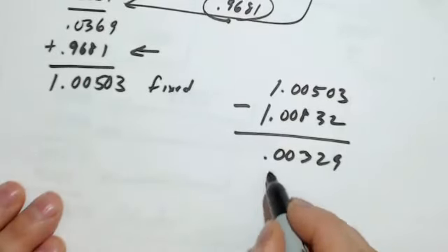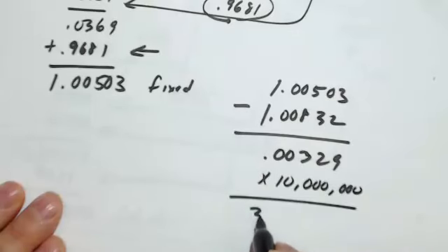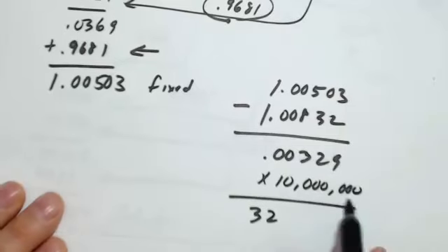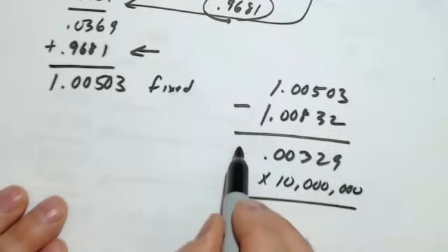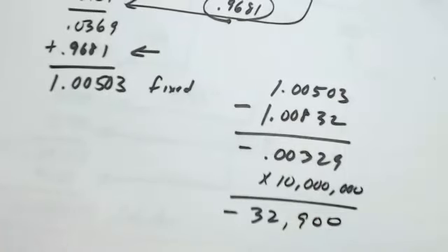Okay, notional value times the 10 million. And the value of this swap, this guy's negative. The value of the swap is $32,900 in the red, in the negative. And that's how you value a swap.